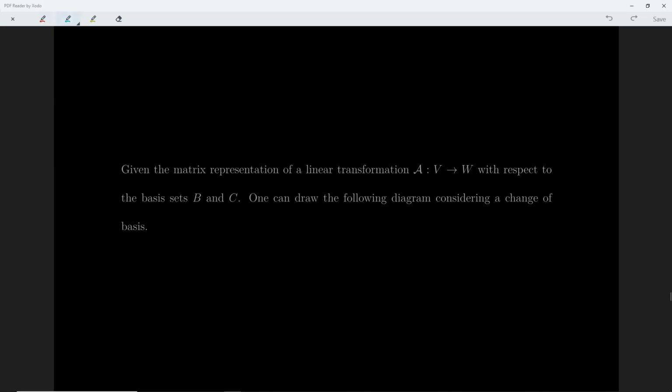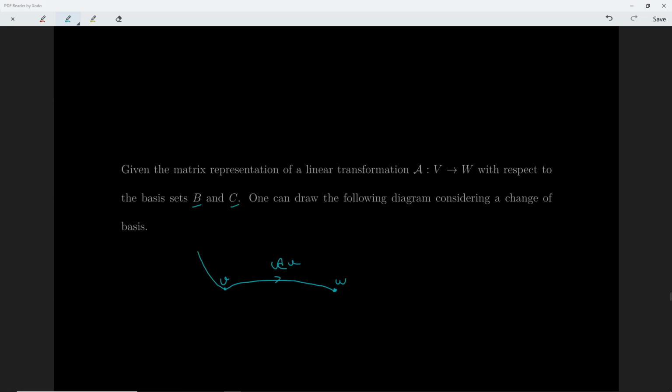So let's start from a vector V over here in our domain. If I pass that V vector through a linear transformation A, suppose I obtain the W vector over here. I'm given two basis sets: one in my domain, B, and one in the codomain, C. So I can express the representation of vector V with respect to B over here.